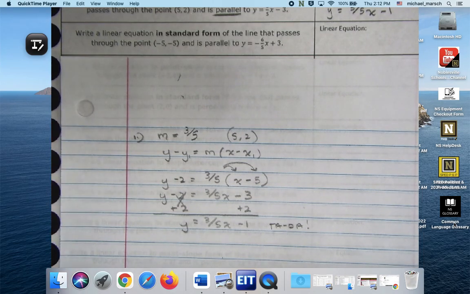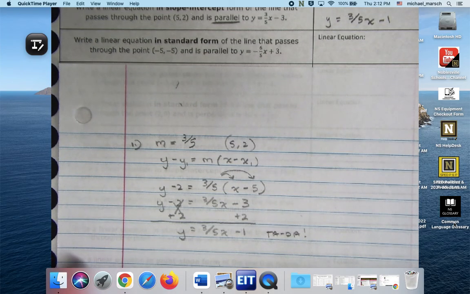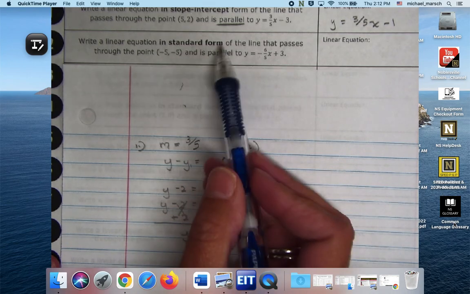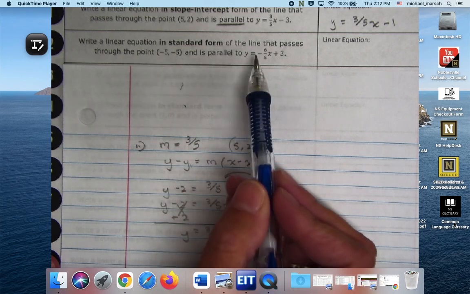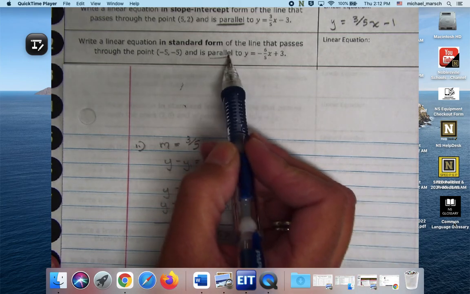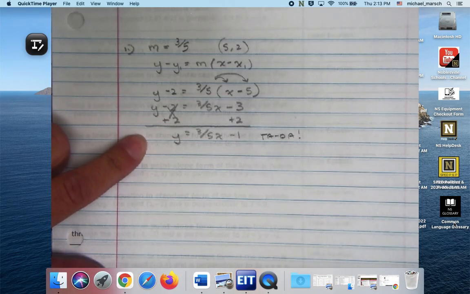Okay, so let's look at problem 2. We're just going to keep working through. Don't get ahead of yourselves now. Write a linear equation in standard form. We have a point. We have the slope. We still want it parallel. So let's pretend number 1 needed to be in standard form.